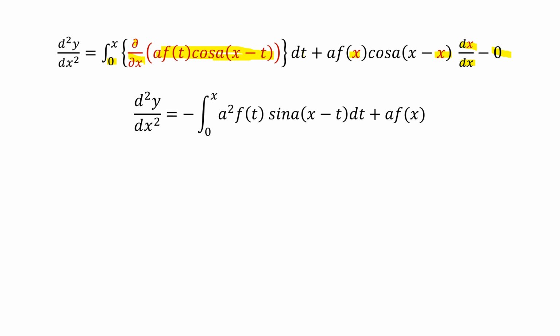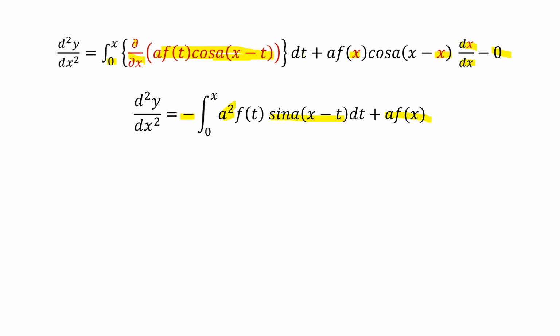So d2y by dx square is equal to, differentiating del by del x of this function, a f of t as it is, the derivative of cos of a(x minus t) is minus sine of a(x minus t), and the derivative of a(x minus t) is one more a. That's why we get a square here, dt, plus a into f of x as it is, cos of 0 is 1, and dx by dx is 1, so we get the second term as a f of x.